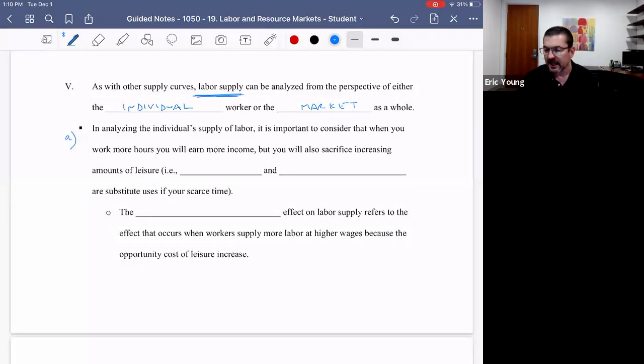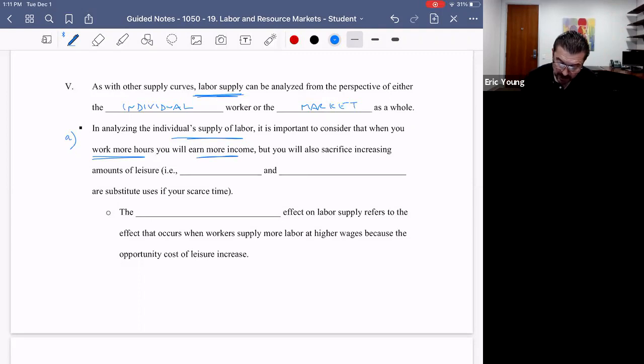When you analyze the individual worker's supply of labor, one of the big things that grounds this analysis in economics and in labor theory is that you have to bear in mind that if you work more hours, okay, if you increase your quantity of labor hours worked, you're going to earn more income.